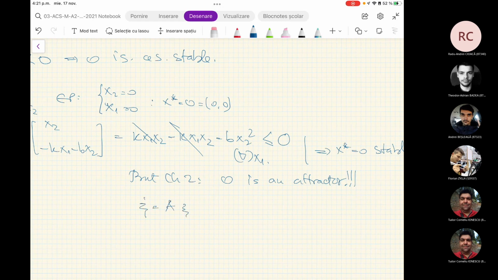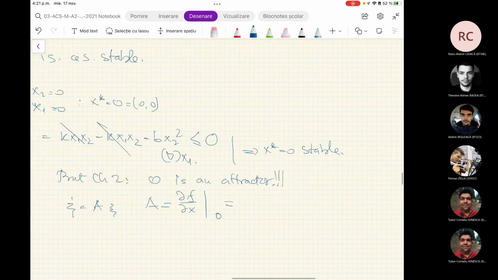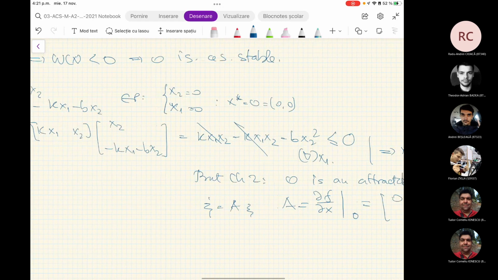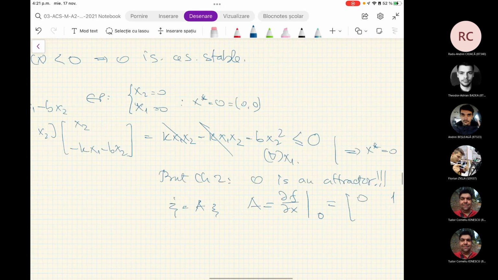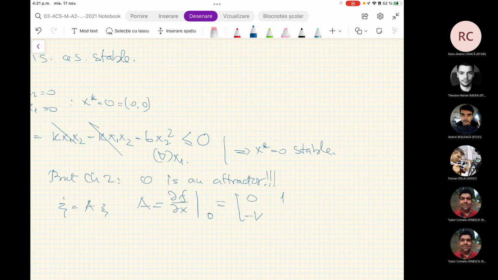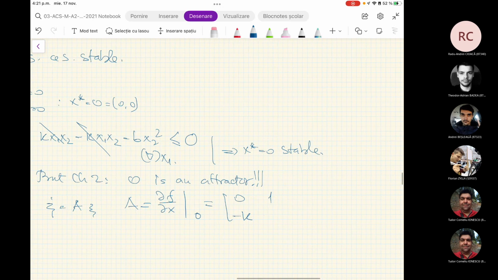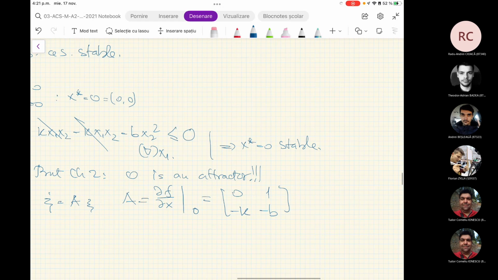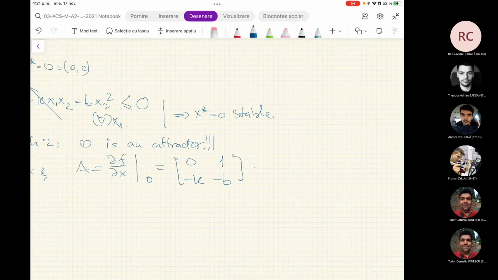Right? We used to do the linearized stuff. A is df dx. This is the Jacobian in 0. And that is what? 0, 1, minus k, minus b. Agreed? You agree? And we had the characteristic equation lambda squared minus b lambda plus the determinant, and that was k plus b, sorry.